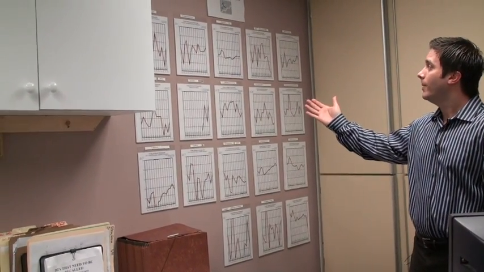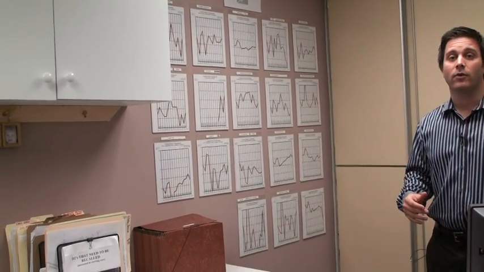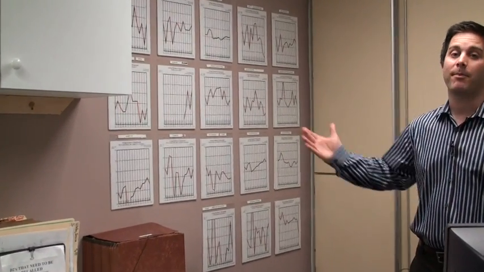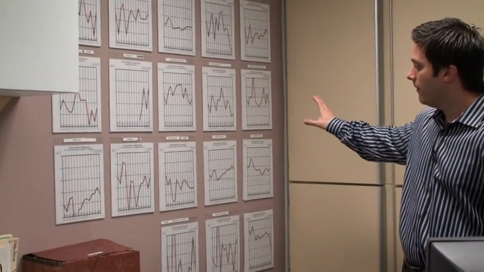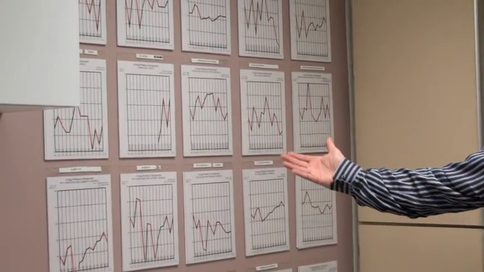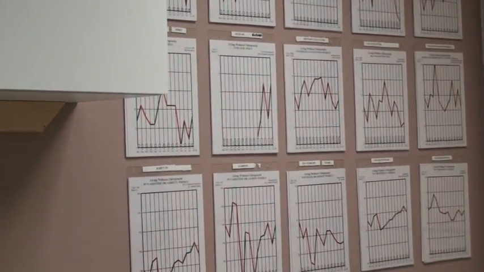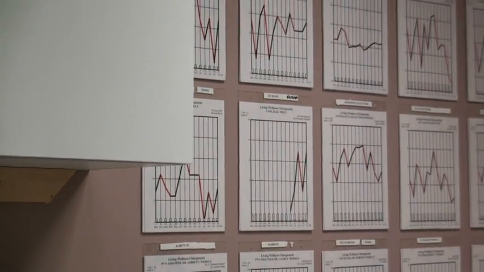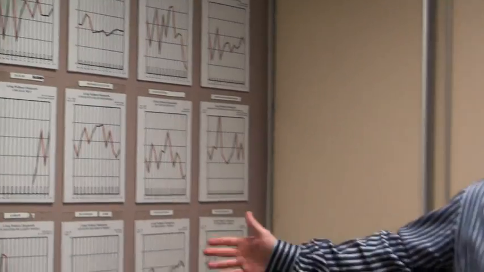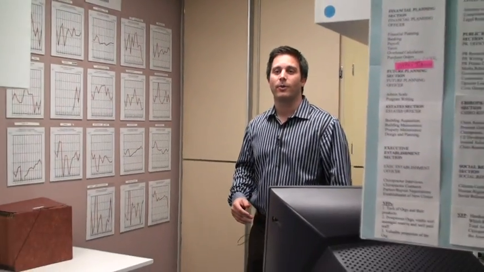Everything from new contacts in the community to new patients in the office, to patient visits, to success stories, to patients that are finishing their treatment plan and happy with care. Everything that we graph is up here and up to date so that we can use these statistics to predict what we need to do in the future to keep the office expanding and growing. So now that we're done with the dry stuff, let's head out here and check out what's going on in the next room.